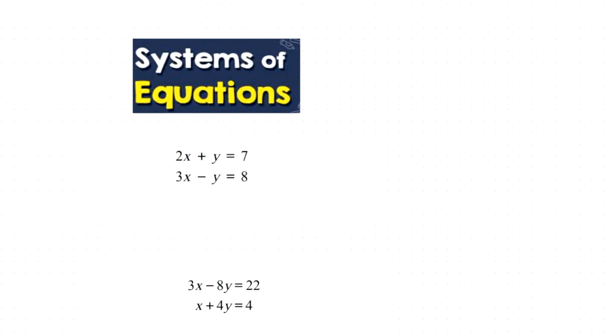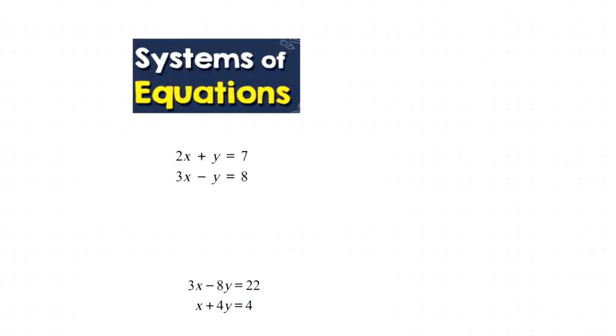We have x and y in here, two variables. We will try to get rid of one of the variables so that we can find the other variable's value, and then we will substitute it into one of the equations to find the previous variable's value. So let's go ahead and take a look at this one.